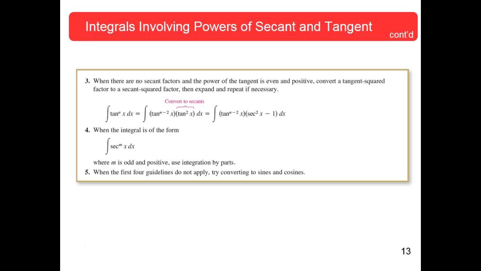I don't see how that helps you. The derivative of secant is tangent squared. So you take this, which is still even, right? Because it started out being even, you pulled this out, and this is some even power. Convert that to secants. I think they have this in the wrong thing.